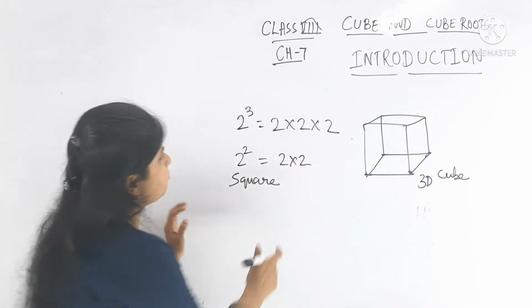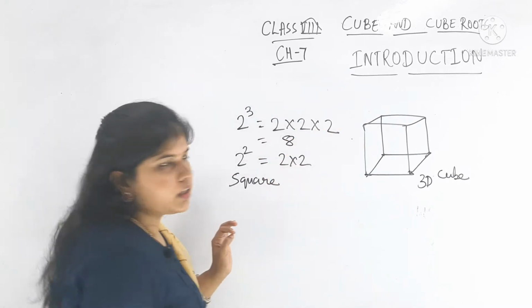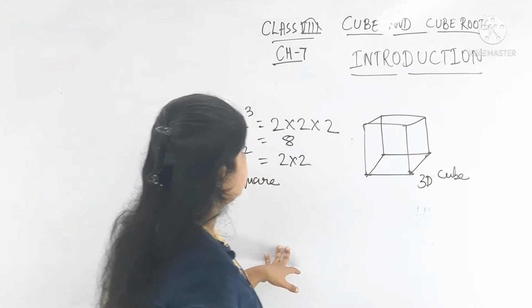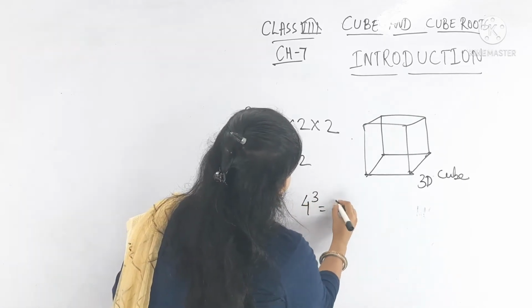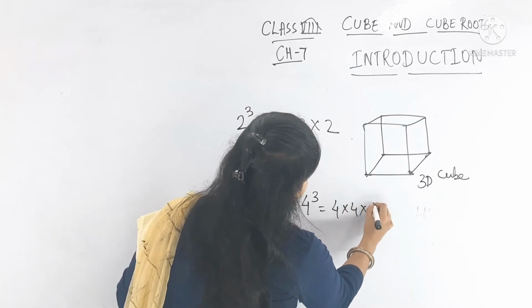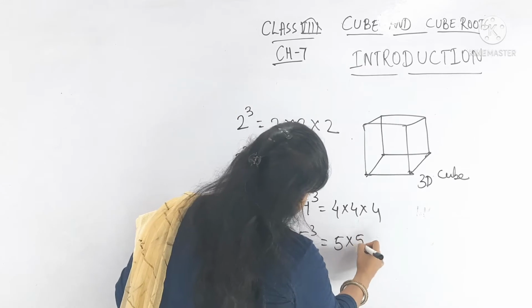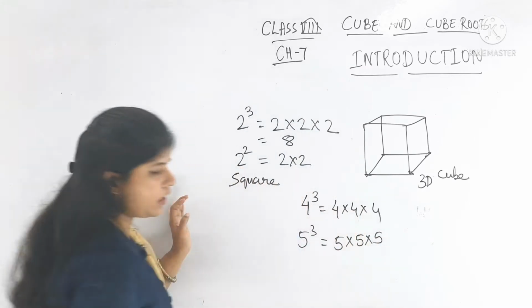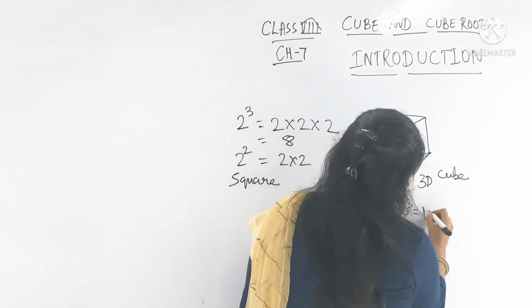So, that is the cube, means 2 into 2 into 2 is 8. Likewise, if it is 4 cube, means 4 into 4 into 4. If it is 5 cube, means 5 into 5 into 5. Some more examples. If it is 10 cube, so 3 times.